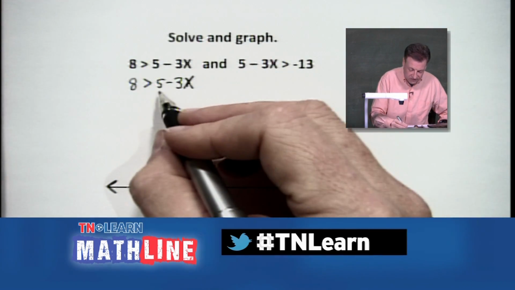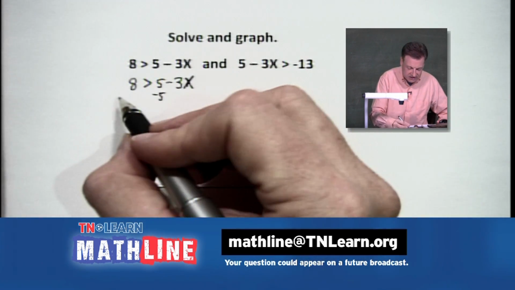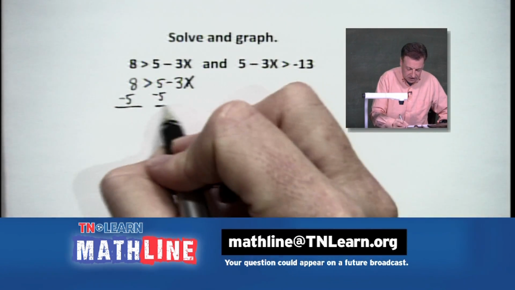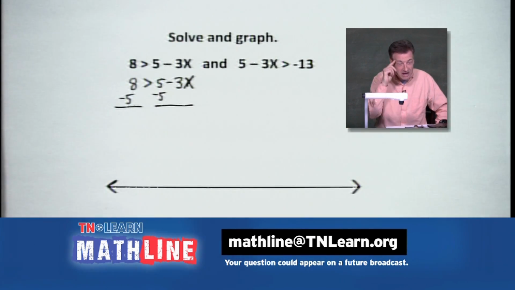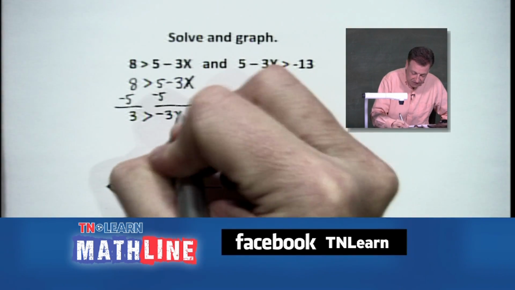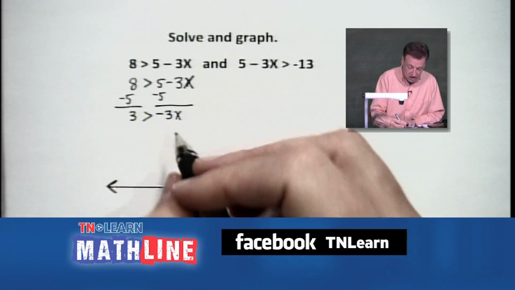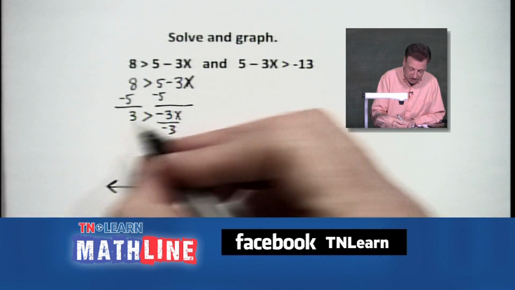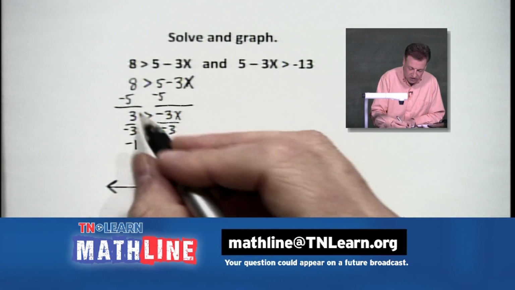So what we're going to do, very first thing, we're going to take care of subtracting 5. And that gives me 8 minus 5. Everybody got that one? It's 3. And we have this negative 3. So guess what we're going to do? And we've got to be very careful. We're going to divide by this negative 3, which is going to give us a negative 1 on the left.